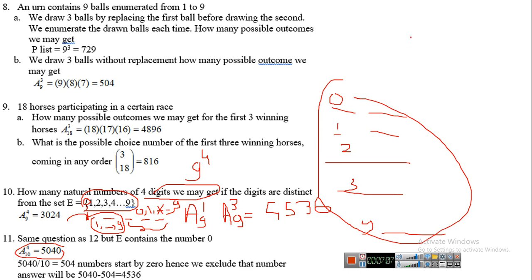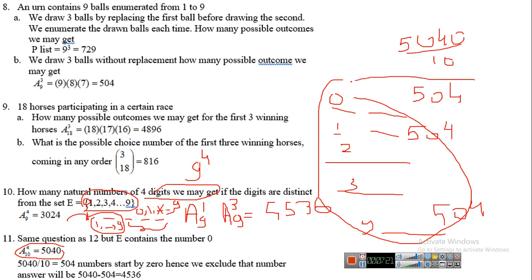So I divide the total number, which is 5,040, by 10, so 504. So I have 504 numbers starting by 0, 504 starting by 1, etc., up till 9, all 504. I need to exclude those starting with 0 because it will be 3 digits. So it will be 5,040 minus 504, which is 4,536.